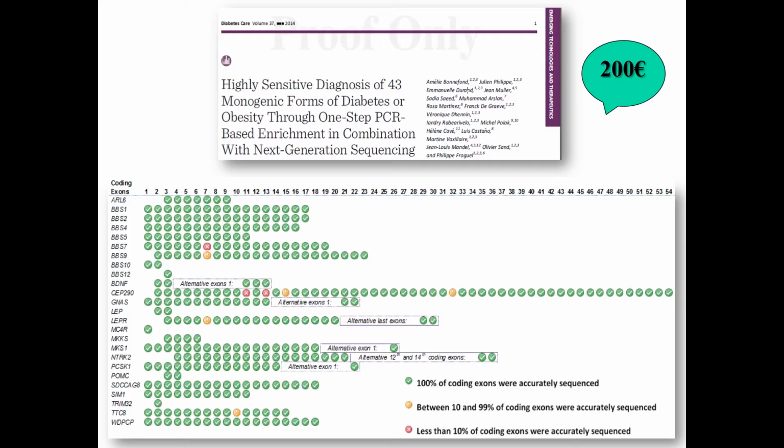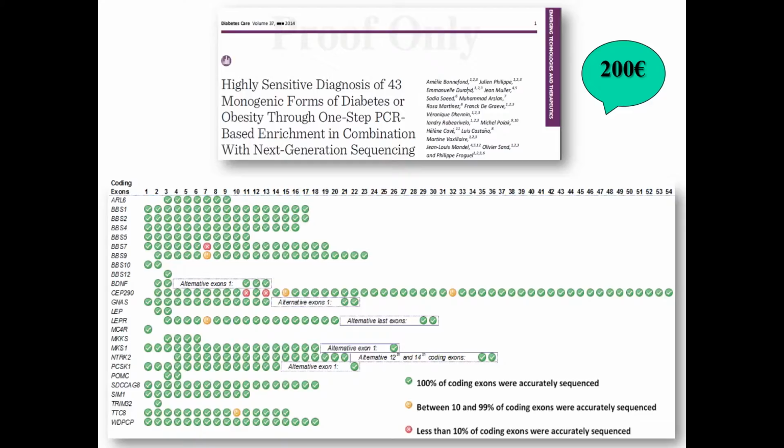For instance, we published a paper in 2014 showing that with a targeted strategy, for about 200 euros, it is possible to easily test all the genes with high quality, and that means a very good diagnosis of monogenic obesity.